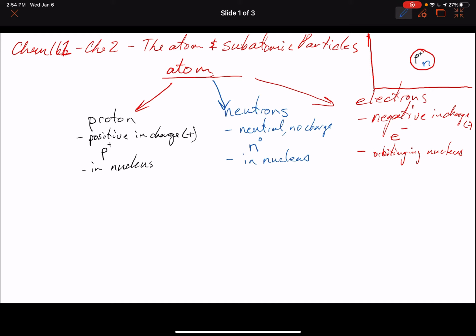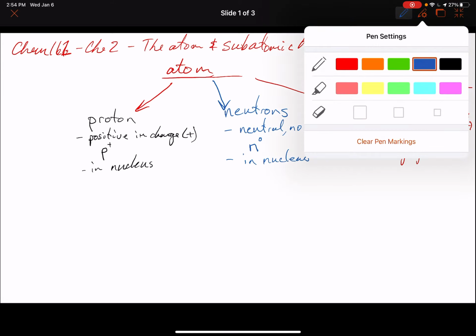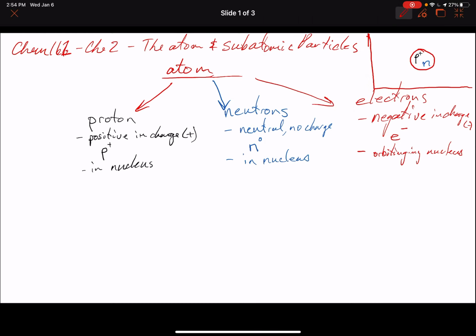So we can have carbon 12 or carbon 13 or carbon 14, which are distinguished by the number of neutrons within the nucleus. And now we need to apply our electrons, and our electrons, as we said, orbit the nucleus in our planetary model.